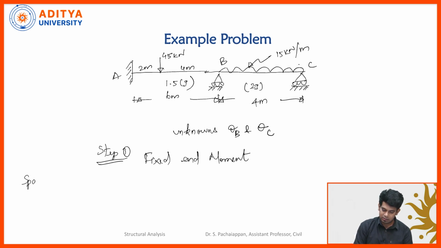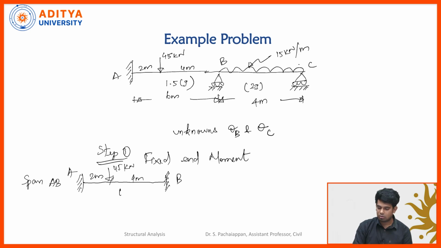Whatever the support condition may be, I am going to consider it as fixed because I am calculating the fixed end moments. One eccentric load is given, that is 45 kilonewton, 2 meters from support A and 4 meters from support B, totally 6 meters.